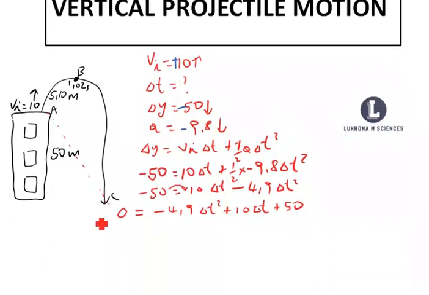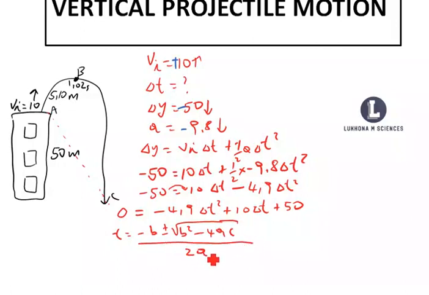So the quadratic equation says, let's assume this one is x, so it's t, which is equal to minus b plus or minus the square root of b squared minus 4ac, everything divided by 2a.